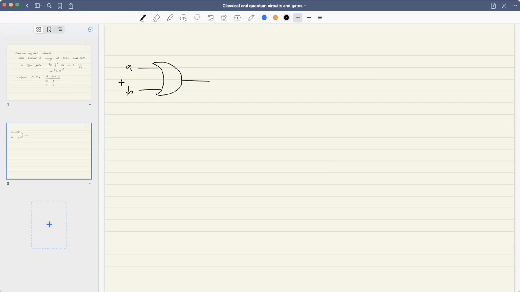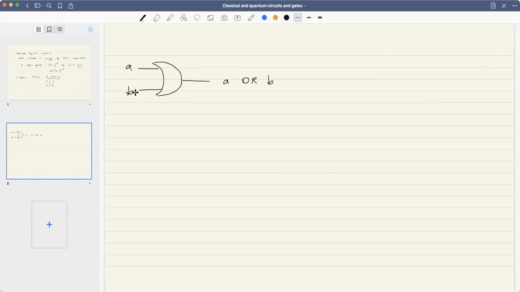And then what goes out is 1 bit, let's call it A or B. It's going to be 1 as long as at least one of A or B is 1.